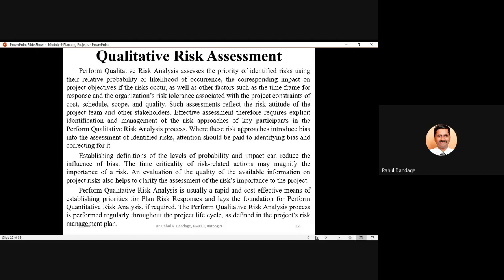Effective assessment therefore requires explicit identification and management of risk approaches of key participants in the perform qualitative risk analysis process.